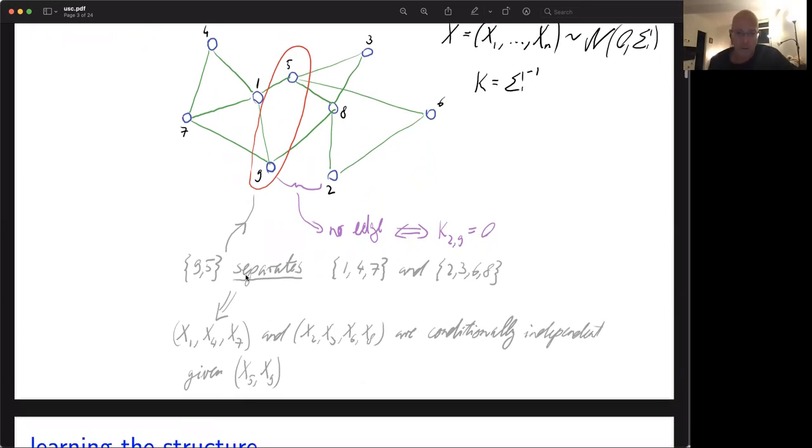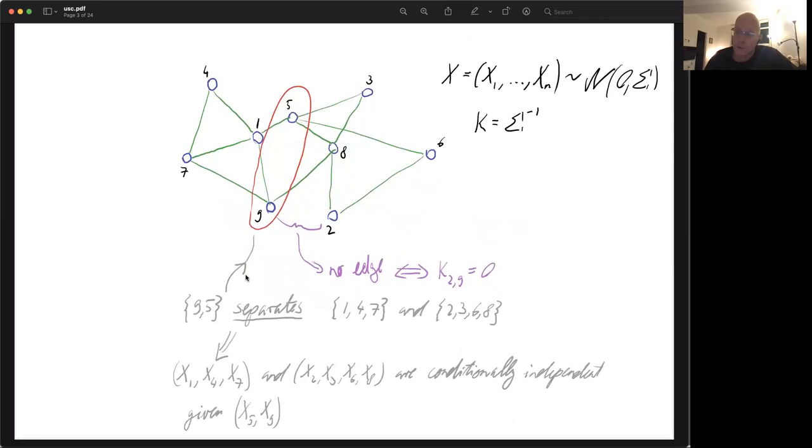Another very nice property that's important in applications is, for example, if I want to find the best prediction of x8 given the rest of the variables, so if I want to do regression on x8 based on the other variables, then the optimal regression function is only a function of the neighbors of 8.